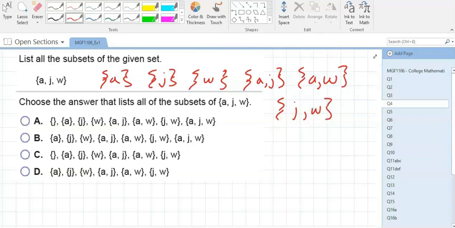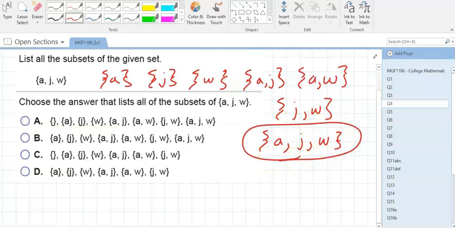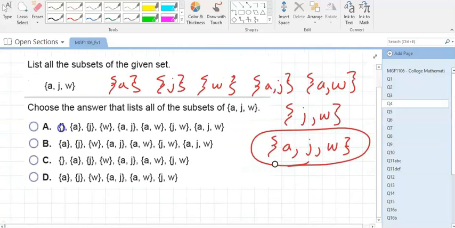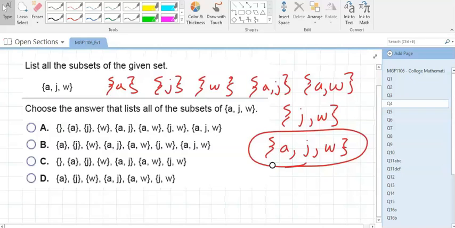And it doesn't matter the order of those. If you have JA, that's the same thing as AJ. If you have WA, that's the same thing as AW. So it doesn't matter the order. And then I could have all three of them in there because the set itself is a subset of itself. This is the guy that I was talking about earlier. This would not be a proper subset because you are equal to the original set. So this is the guy that would not be a proper.